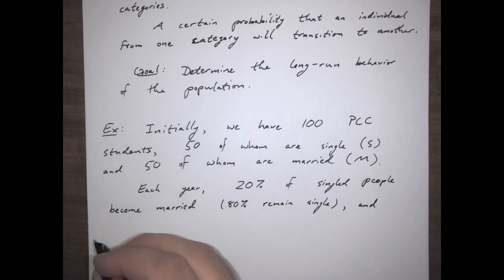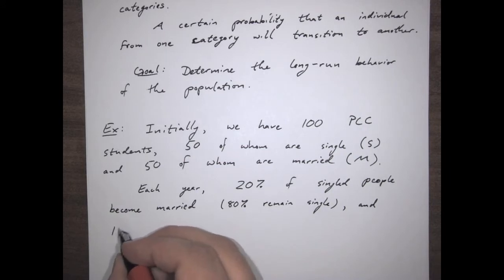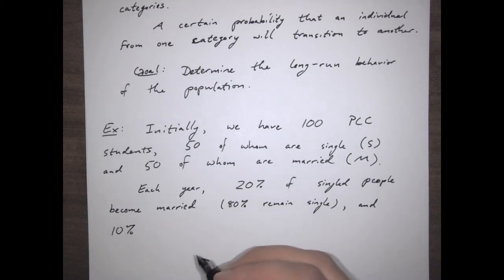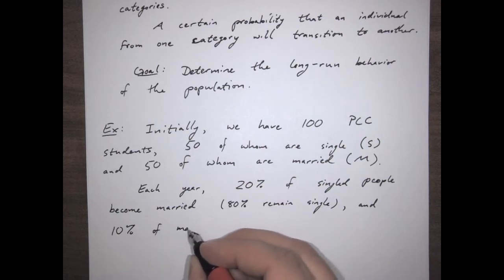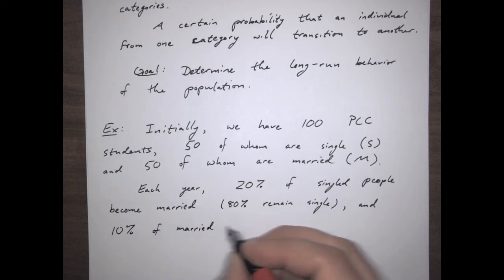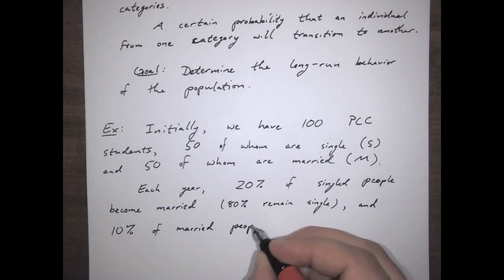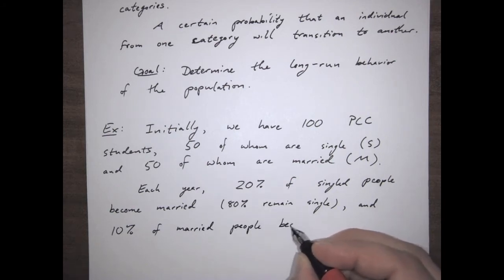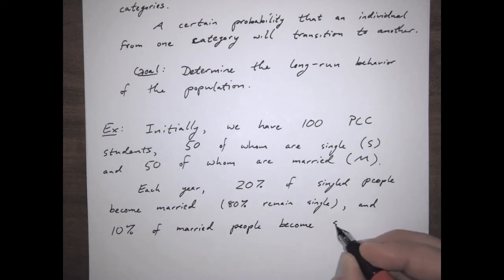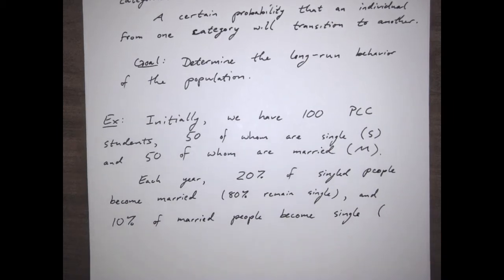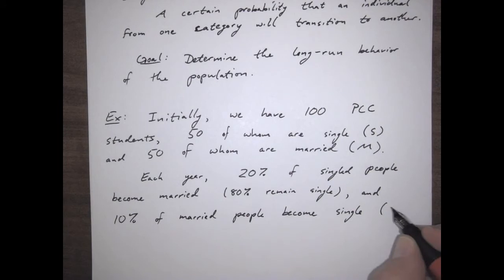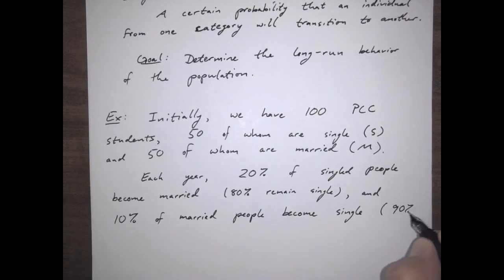And let's say 10% of married people become single. Meaning, in other words, 90% remain married.